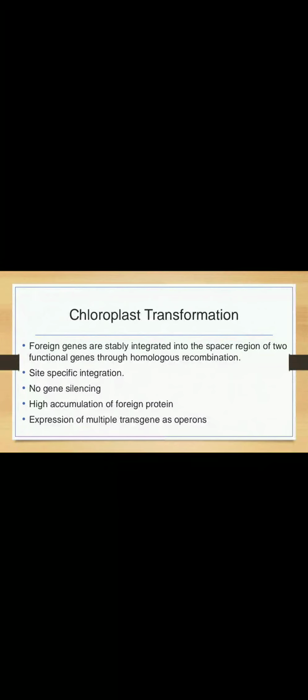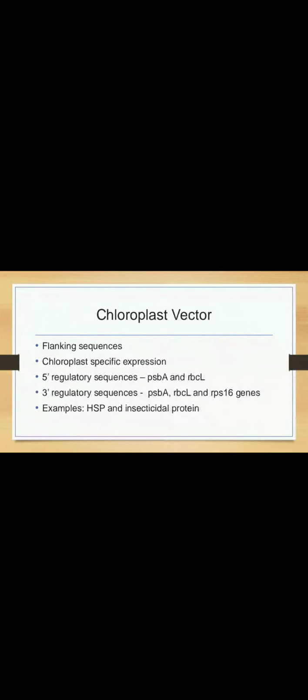All these regulatory sequences have been derived from the tobacco plant itself. The genes used for the 5' regulatory sequence are PBSA and RBCL genes, and for the 3' regulatory sequence they are PBSA, RBCL or RPS16 genes.